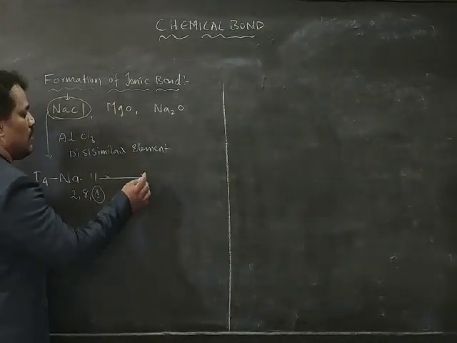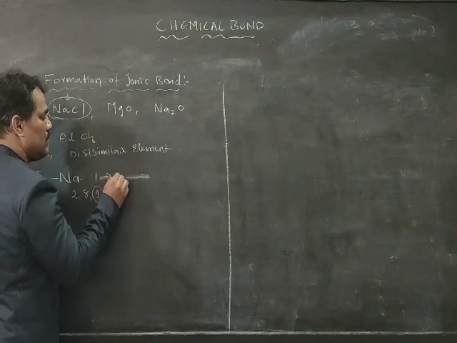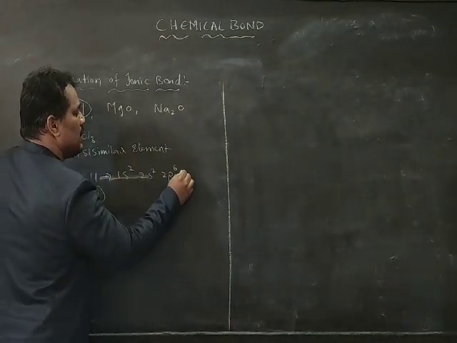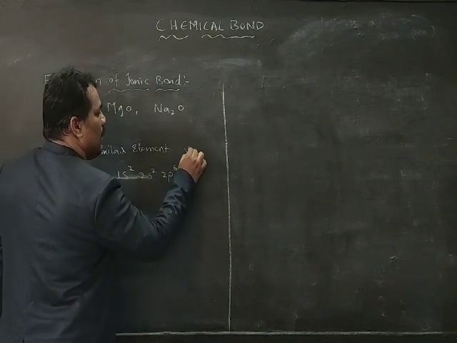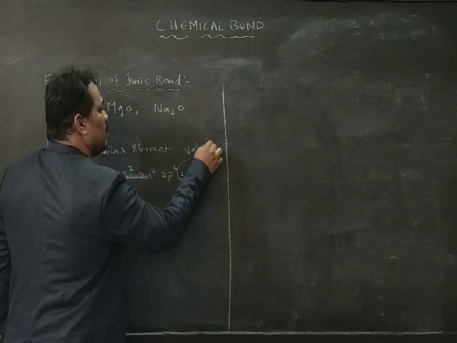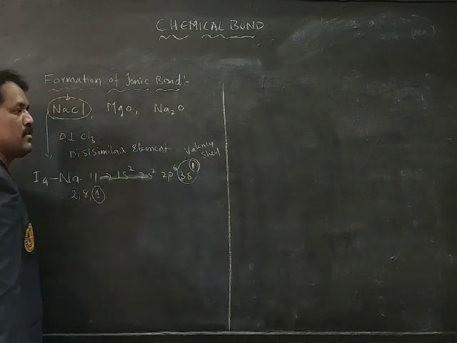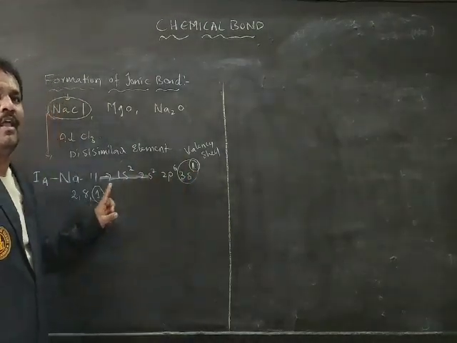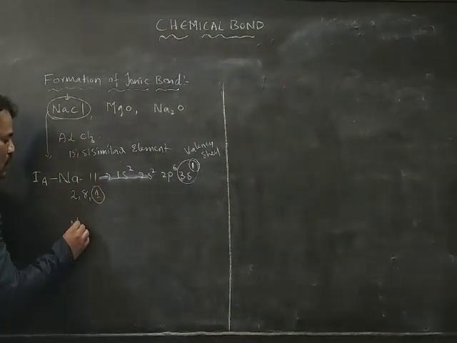The electronic configuration is 1s2, 2s2, 2p6, 3s1. This is called the valency shell electron. This valency shell has one extra electron, so this electron will be used by the sodium atom to form an ion.